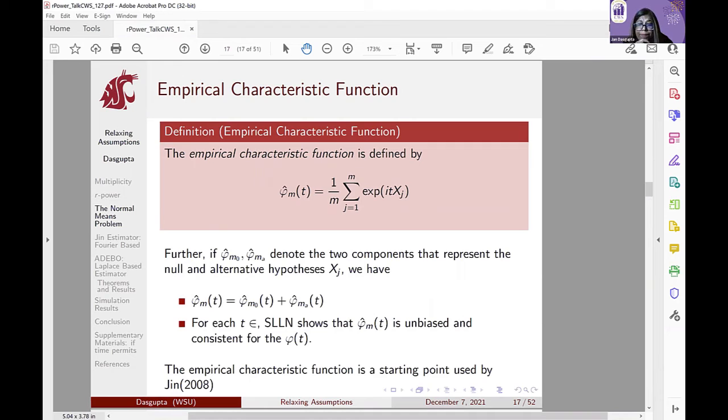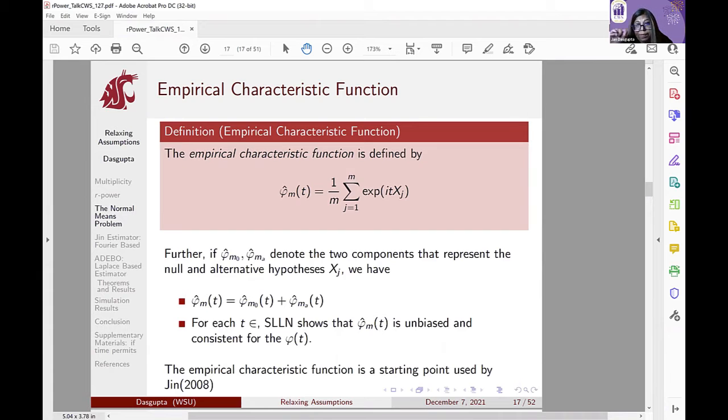And the empirical characteristic function has this interesting property that we talked about: if you take all the ones that came from the null and all the hypotheses that came from the alternative, you take the sum of it, you get the total value of this characteristic function, the empirical characteristic function. Okay, and it also showed, using the strong law of large numbers, that this is unbiased and consistent. So we have an estimator for the characteristic function, which is the empirical characteristic function, which actually uses data.